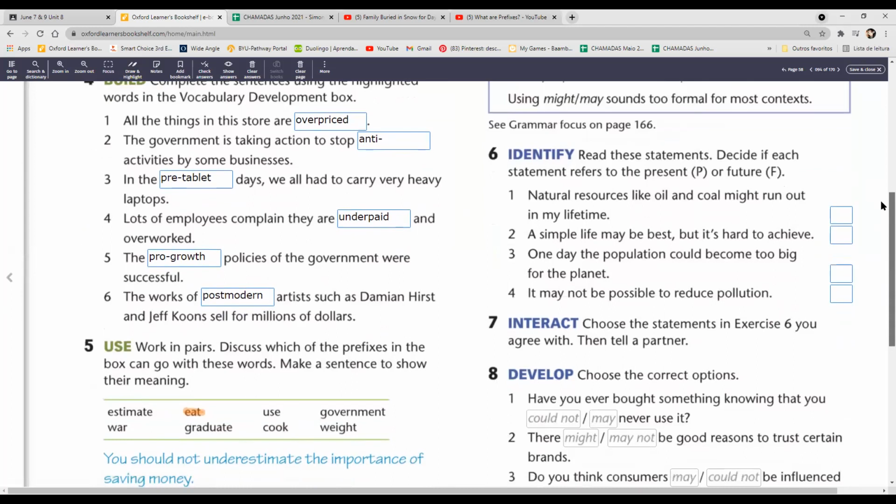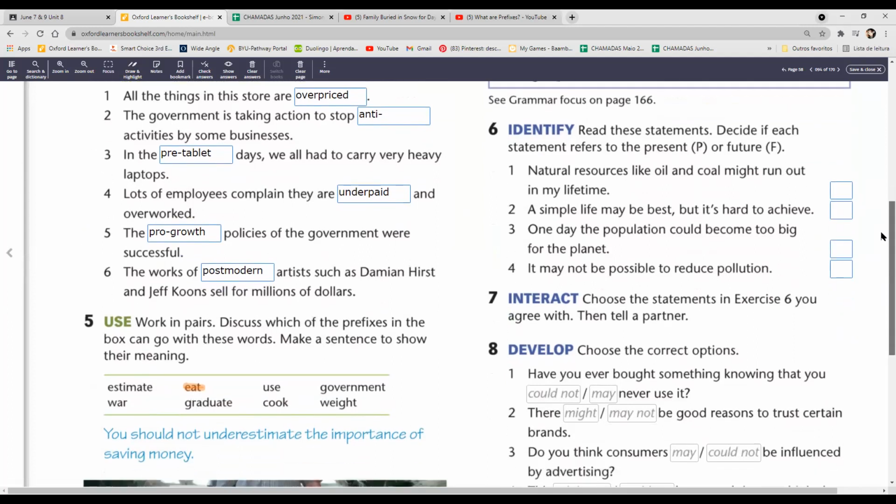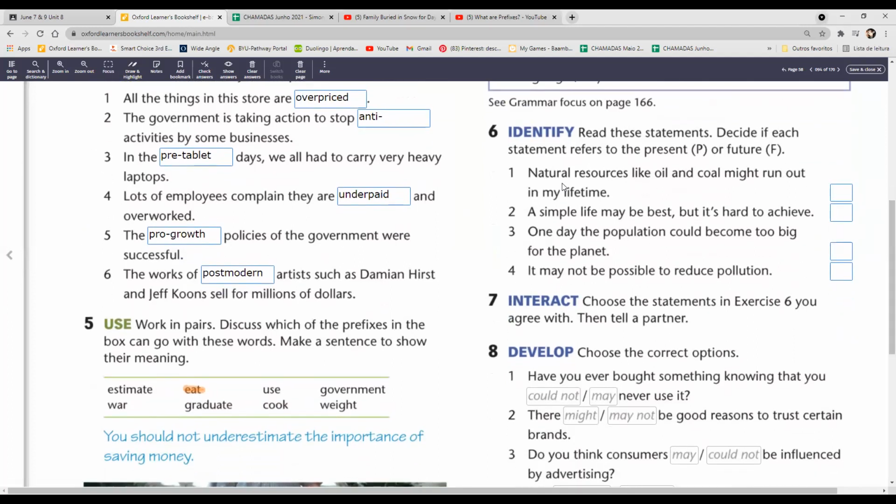Okay, guys. Now let's read the statements below. Decide if each statement refers to the present, then you put a P, or the future, so you put letter F, okay? So let's do the first one together. Natural resources like oil and coal might run out in my lifetime.